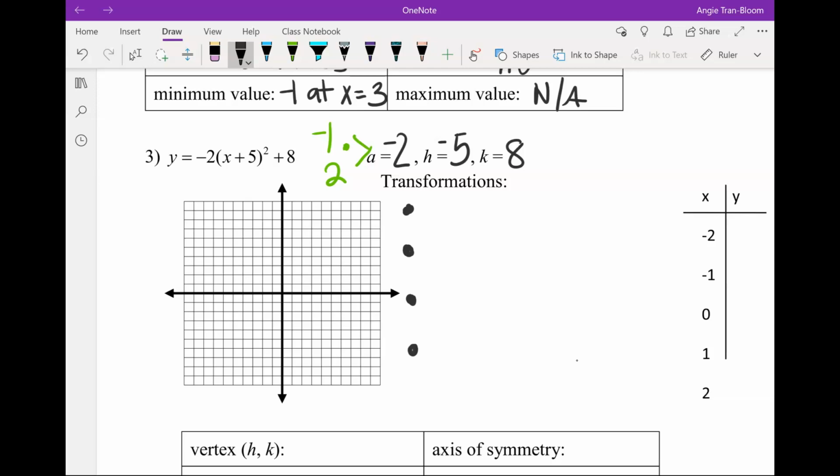The negative is not a compression or stretch. What is it? Oh, it's a reflection over the x-axis. Good. Reflect over the x-axis. Now then the 2 does what? In team, talk to your team.